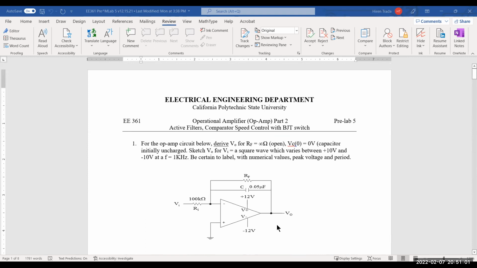In question 1, we see that there's an op-amp circuit along with a capacitor and a resistor in the feedback path. When you have this kind of circuit, if you think back to the passive filters we studied in E201, you would recall that a capacitor in the output loop would work as a low-pass filter.